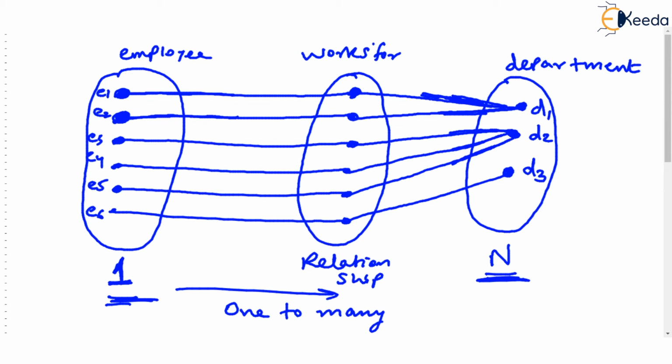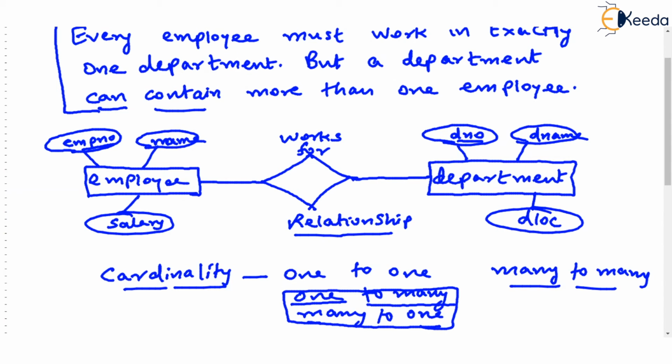Now coming to our diagram, ER diagram. See, we want to write the cardinality on this line and on this line. So we want to know whether this will be one side and this will be n side, or whether this will be n side and this will be one side. What it will be exactly.